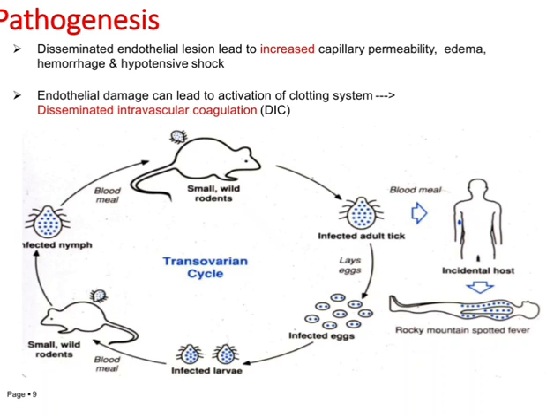The infected larvae bite the small wild rodents for their blood meal, and the infected nymph also bites the small wild rodents for their blood meal. So it is easily transmitted by bites to humans. Humans are the incidental host of this bacteria, so they can easily be infected with Rocky Mountain spotted fever.